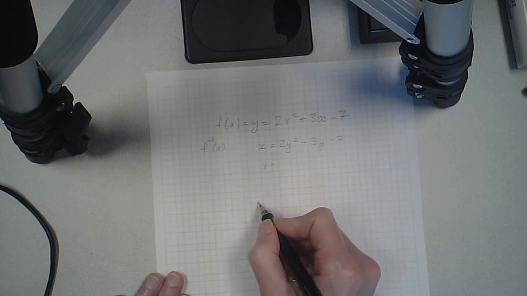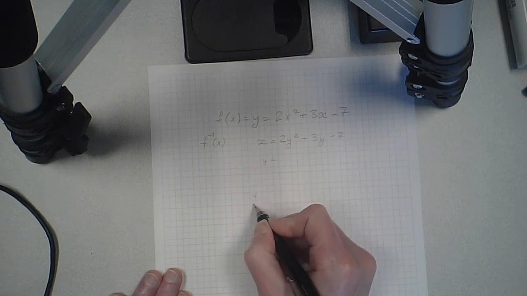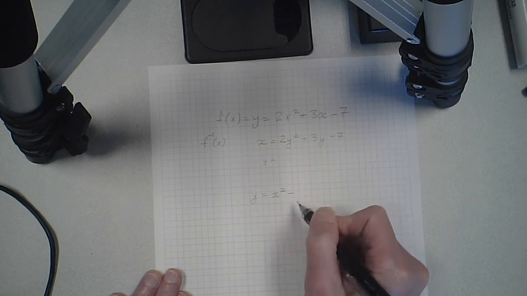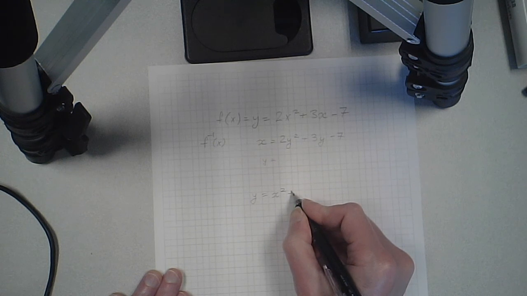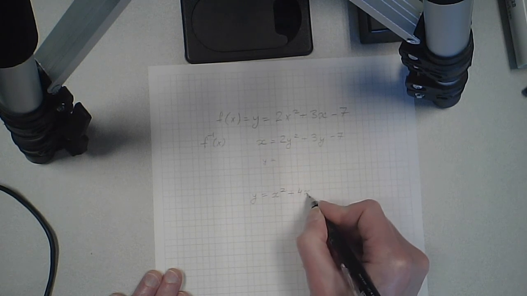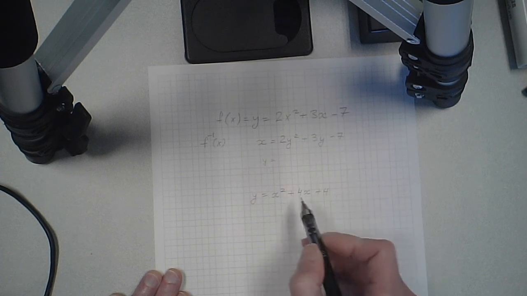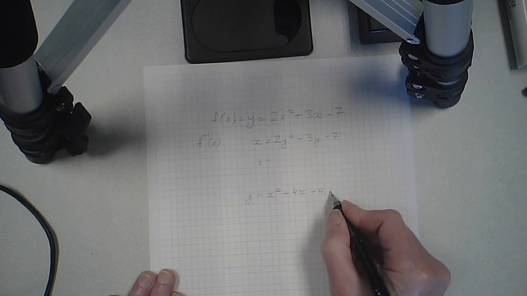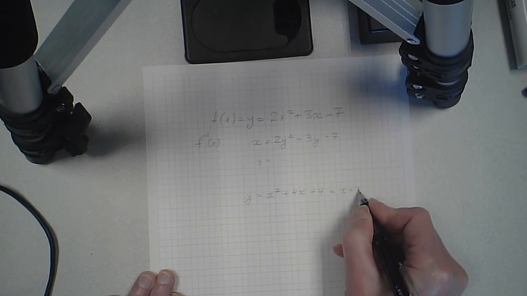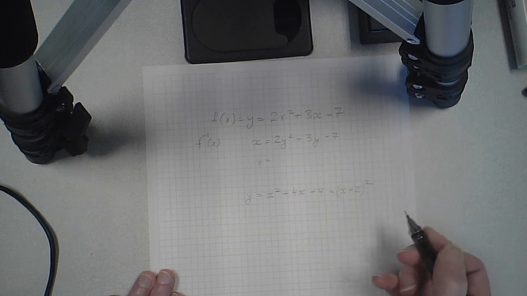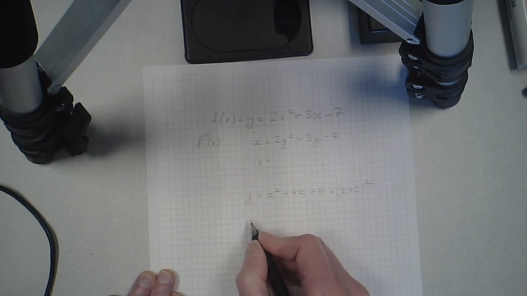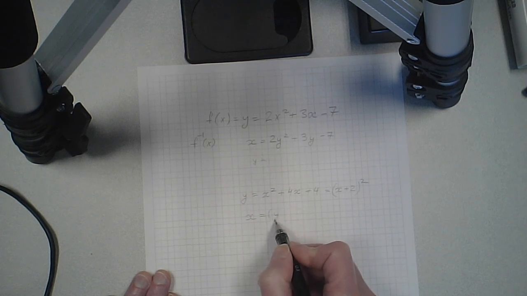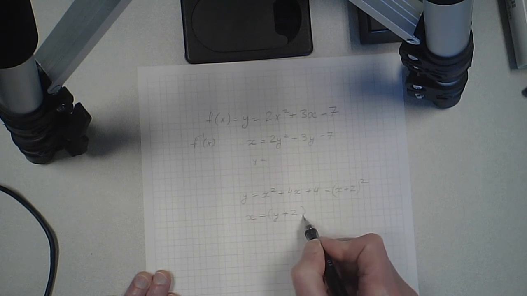Sometimes we're more lucky. For example, y equals x squared, let's say plus 4x plus 4. This is a full square, right? It becomes x plus 2 squared. When we get the inverse function, we change x's and y's, so x is y plus 2 squared.